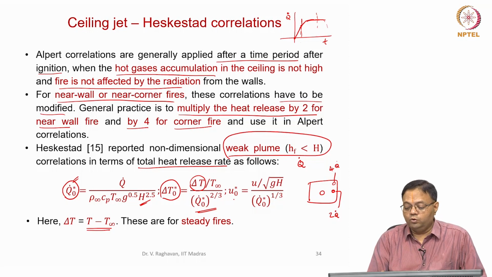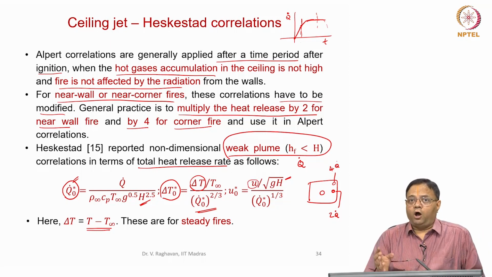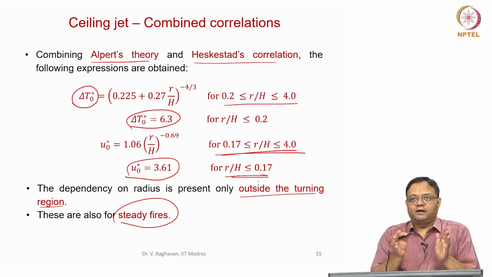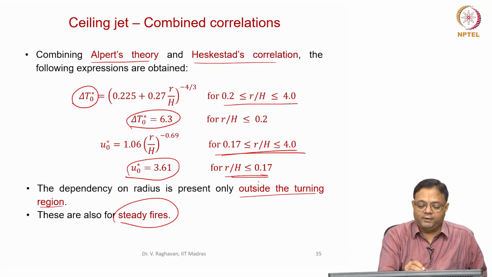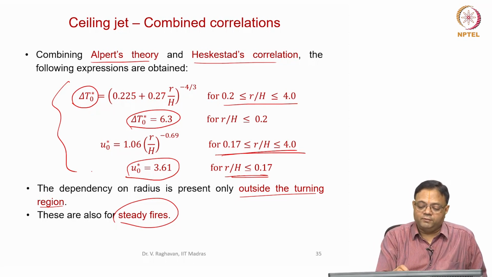Similarly, U star naught is U by root of gH. This is the characteristic velocity used to non-dimensionalize U, and U from the Alpert correlation can be used. The Alpert correlation shows that delta T and U, in the turning region, do not depend on the radius, while outside the turning region they do. By combining, we get these correlations. The main thing is that the non-dimensional temperature difference in the turning region is constant. Similarly, the non-dimensional velocity in the turning region is constant.